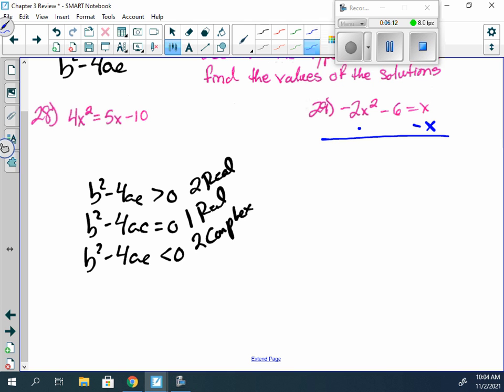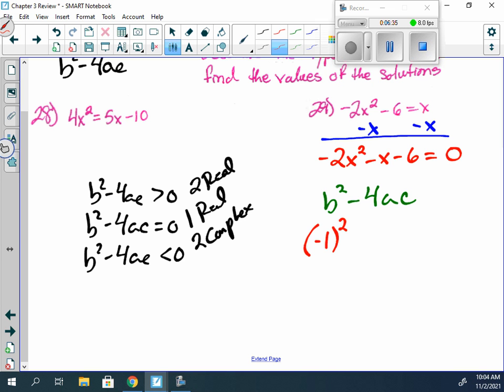So we can subtract x from both sides, which gives us negative 2x squared minus x minus 6 is equal to 0. Now b squared minus 4ac. Well, our value of b is negative 1, so negative 1 squared minus 4 times negative 2 times negative 6.